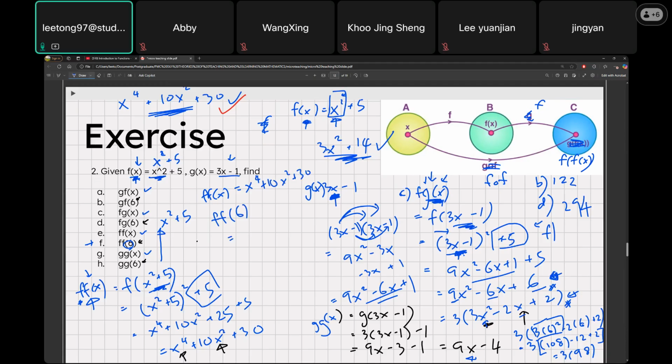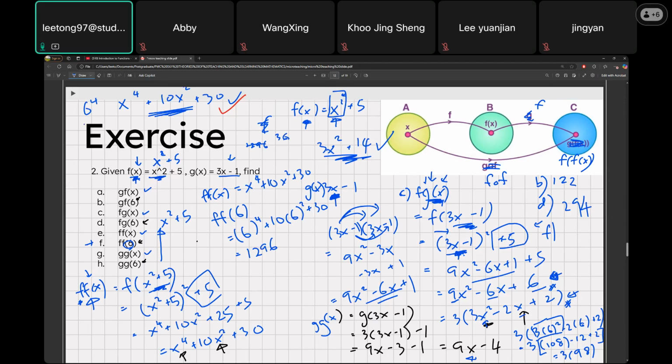So this function will be 6 power of 4 plus 10 times 6 power of 2 plus 30. Okay. What is the answer of this? 126.